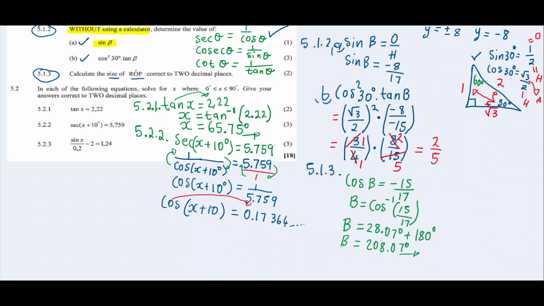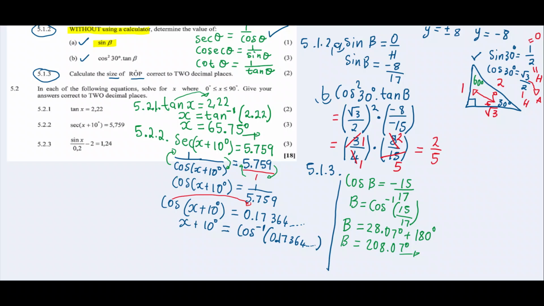So we can take the cos to the right hand side, and we will be left with x plus 10 degrees on the left, with shift cos of the part on the right, which is 0.17364.